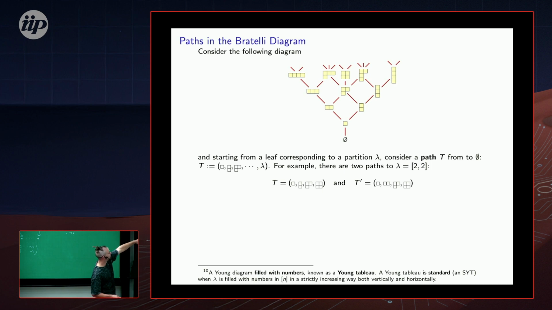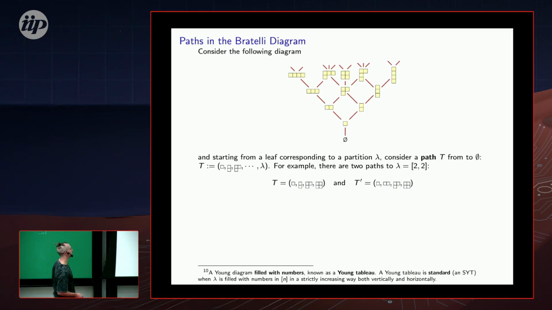But I can also go first to 1, from 1 to 2, and then to 2, 1, and then to 2, 2. So these are the two paths in the middle that branch first. I can go this way or this way. Two different paths.